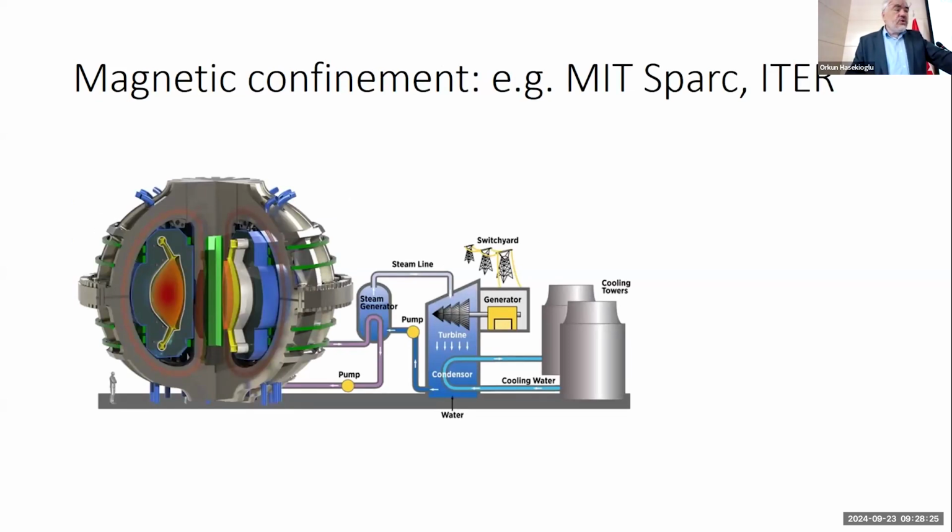There are a number of examples of magnetic confinement experiments. One of the most recent ones is the MIT SPARC program. And the most popular, which all of you must have heard about, is ITER, the international program in France that attempts to obtain magnetic confined fusion.